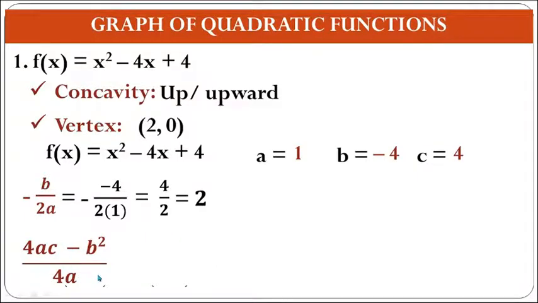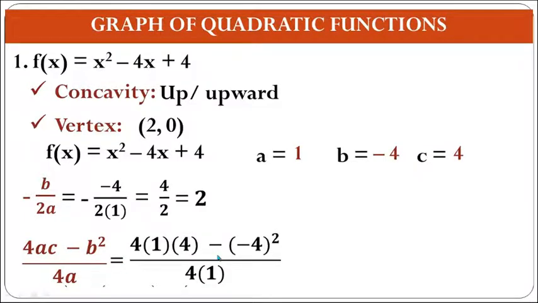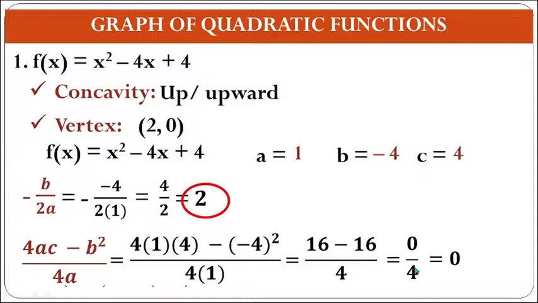Substitute again, then simplify. Makukuha natin 16 minus 16 divided by 4, 0 divided by 4 is 0. Therefore, h is 2, k is 0. So, parehas. Depende sa inyo kung ano yung mas madali or mas comfortable kayong gamitin na method.